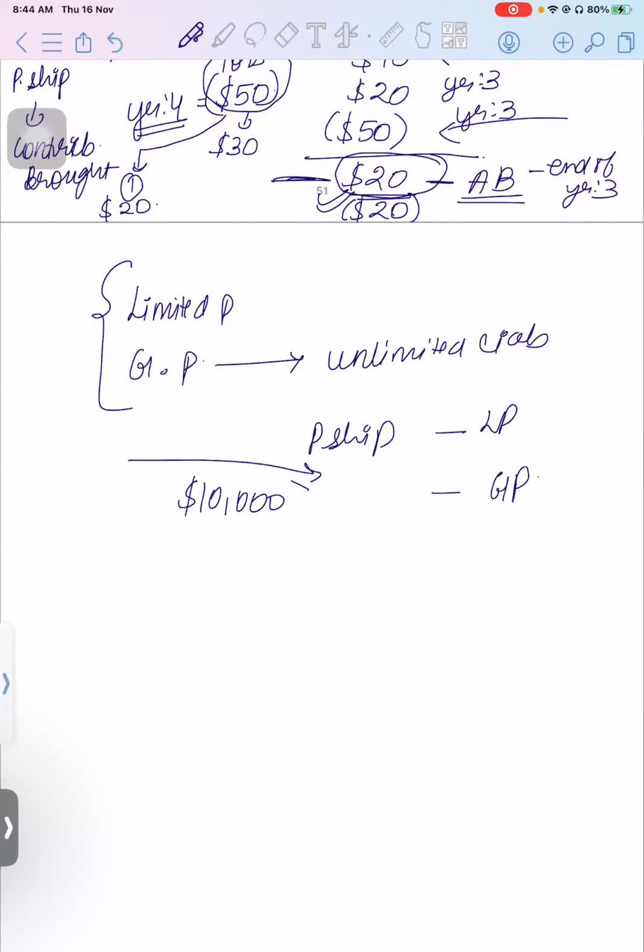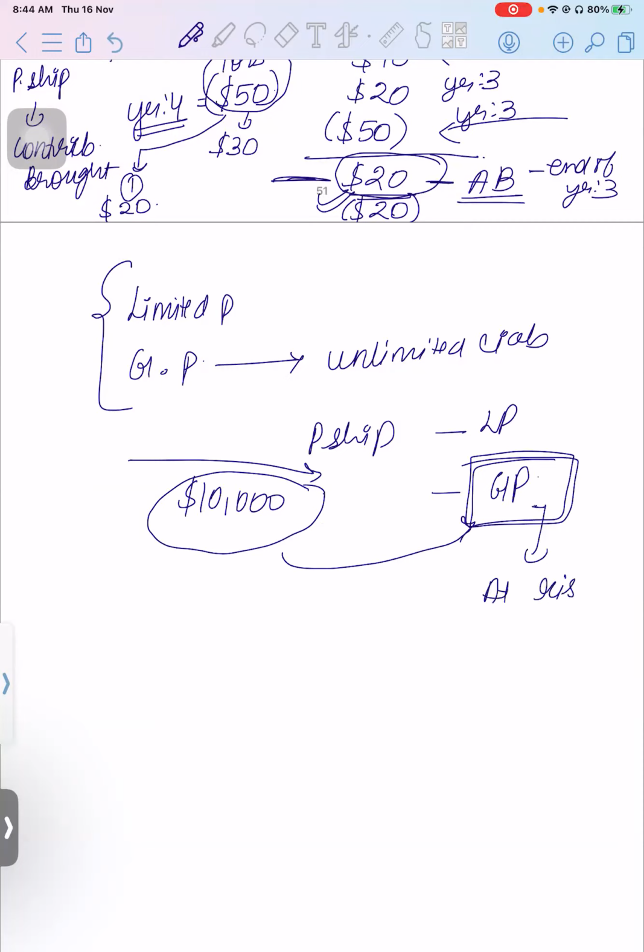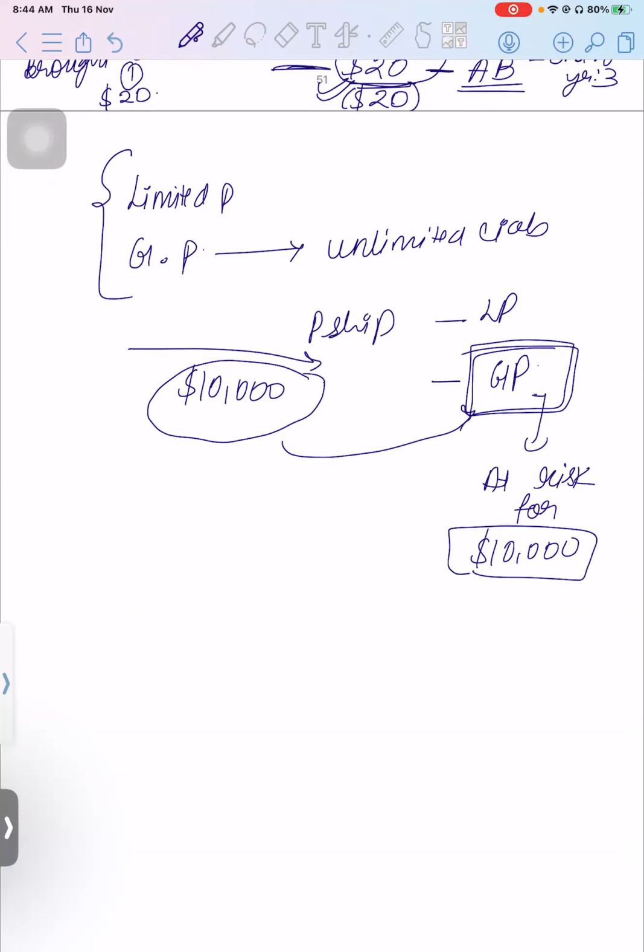So for this $10,000, this general partner will be liable. So he will be at risk for $10,000.